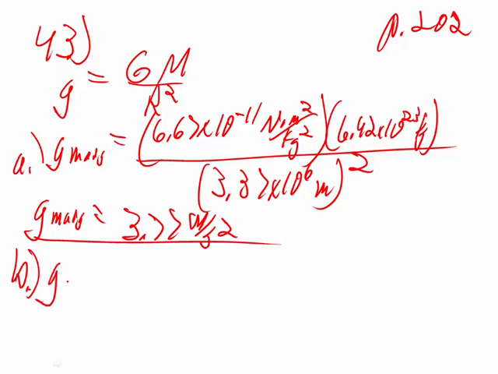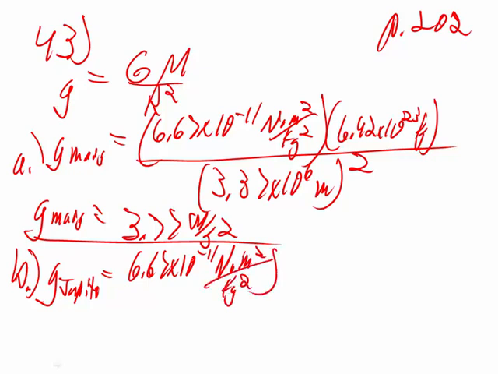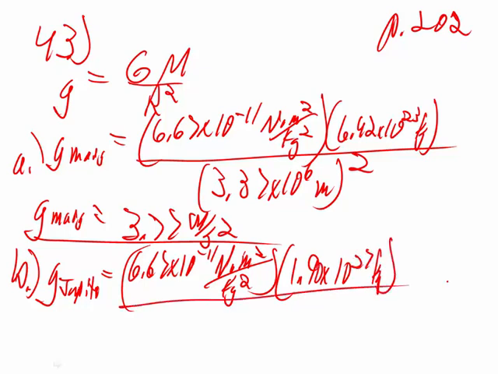And so for Jupiter, we got 6.67 times 10 to the negative 11th newton meters squared per kilogram squared times, then you look it up in the back of the book, 1.9 times 10 to the 27th kilograms, divided by 6.99 times 10 to the 7th meters, squared.